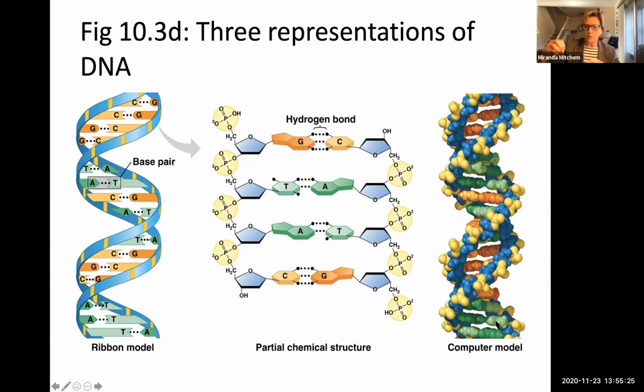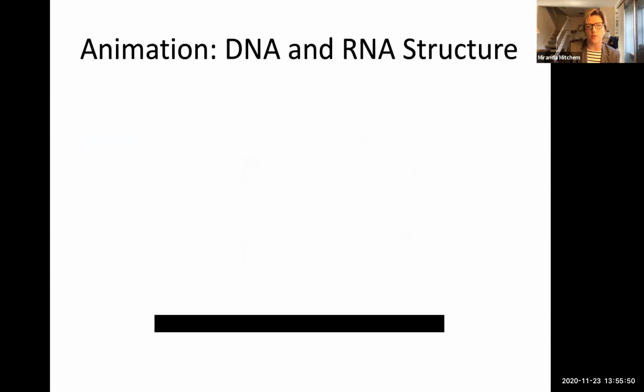It shows you the space that is occupied by each of the atoms that make up these molecules. So you can still see the sugar phosphate backbone, but you're able to better appreciate the size of the molecule. The other two are helpful so that we can look at the chemistry. So those are the three ways that we can look at DNA.